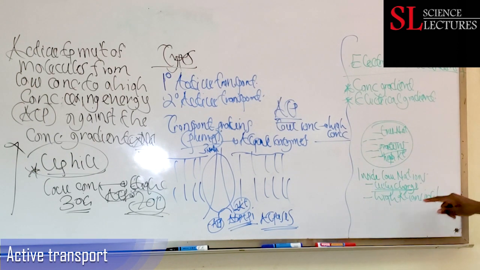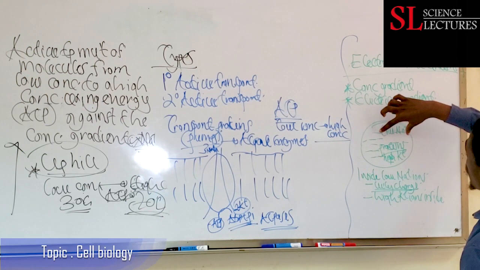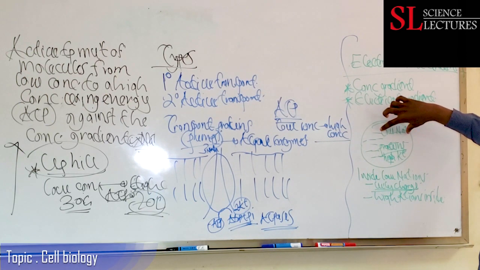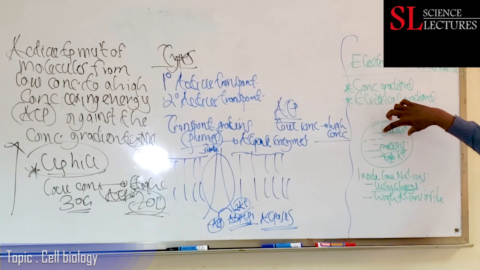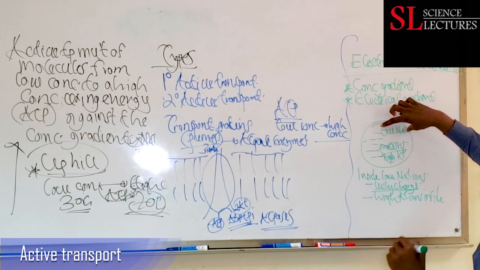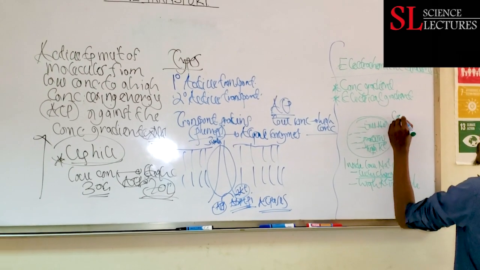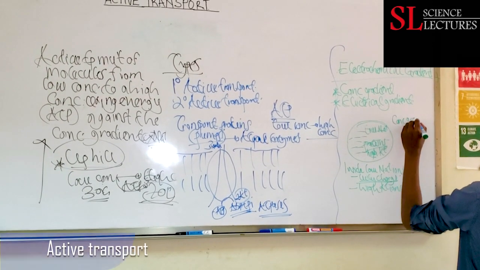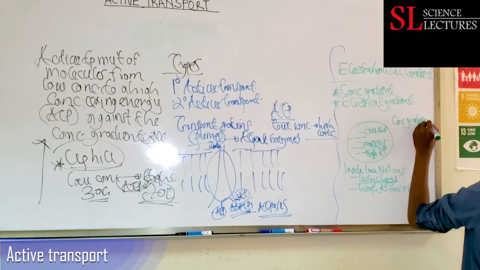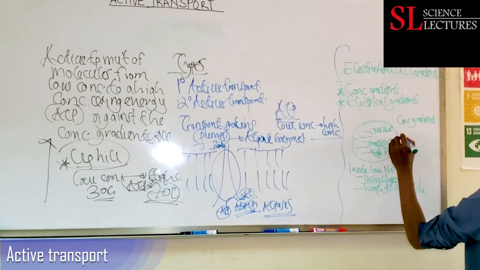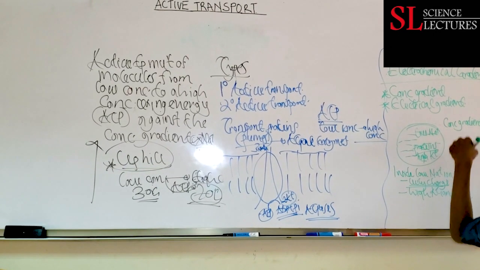So in this cell, if we have low concentration of sodium ions inside the cell, that means that the concentration gradient pulls the high sodium ions inside the cell.